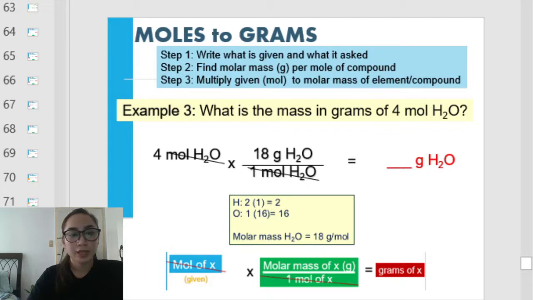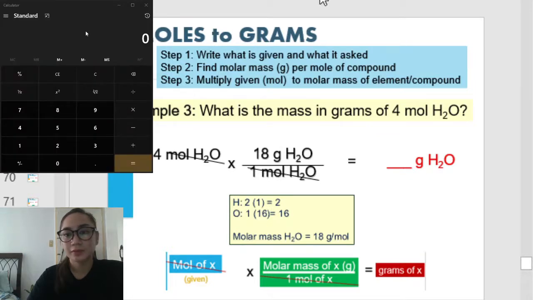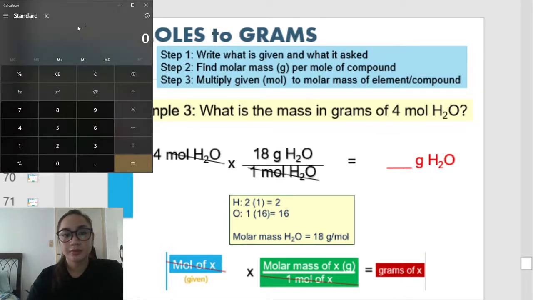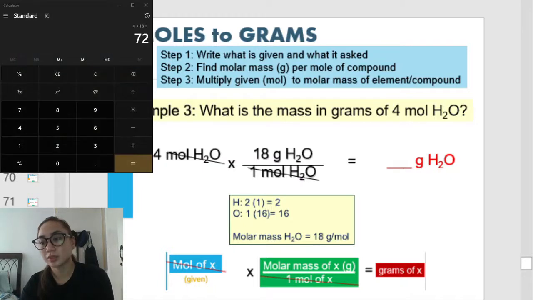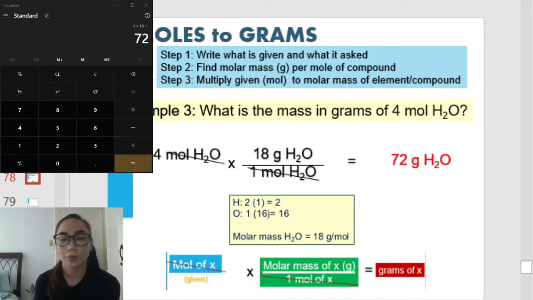So, let's have our calculator back. So, we have 4 times 18. So, total natin is 72. Okay? So, final answer is 72 grams of water.